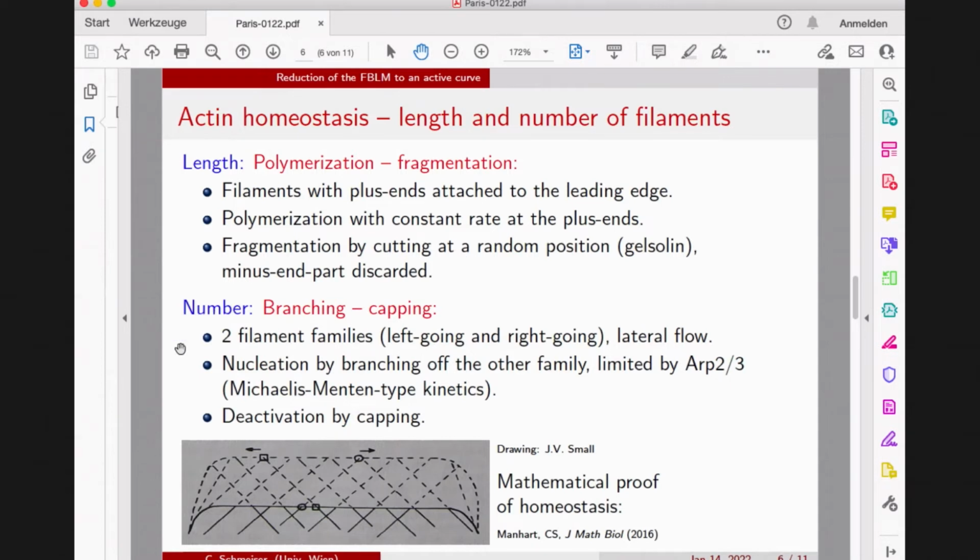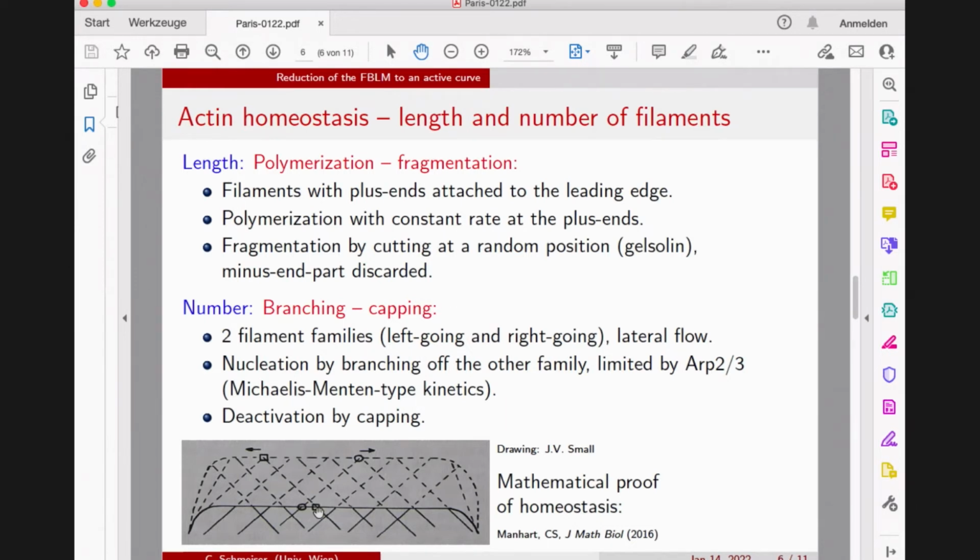The number distribution comes from, as I have already said, branching and capping. Branching is the process of nucleation of new filaments, branching away from old filaments, and capping is the process of throwing away filaments, because when they are capped, they are deactivated, not part of the game. So filaments are created and lost, and describing the process geometrically is not so easy.